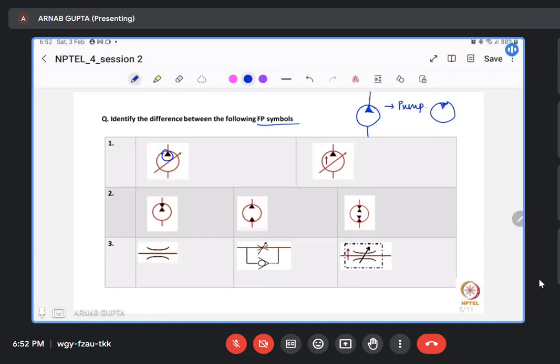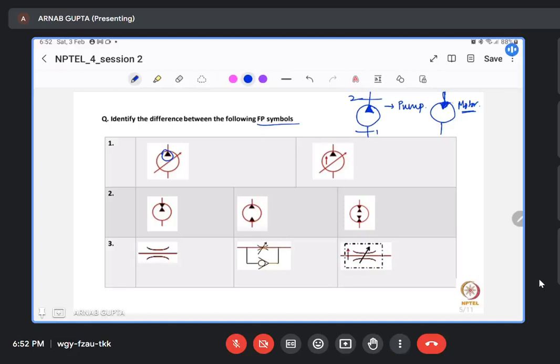If it is coming into the element, into the boundaries, then it is a motor. Why? Because in a pump we are discharging the liquid from say level 1 to level 2. So inside the system or the impeller of the pump, if we try to visualize the liquid, it is flowing out. That's why this outward symbol. In case of a motor, the energy is coming into the system. That's why this inward symbol.